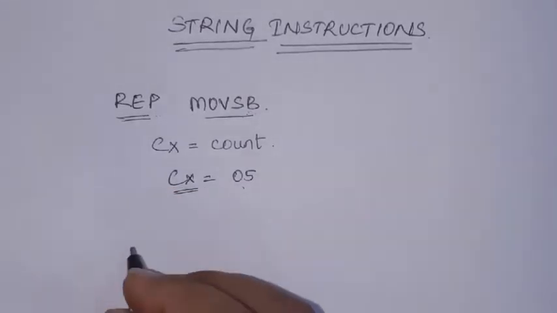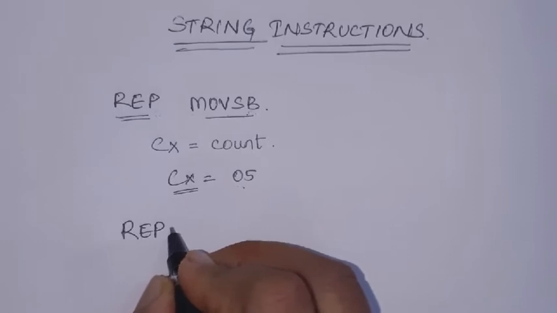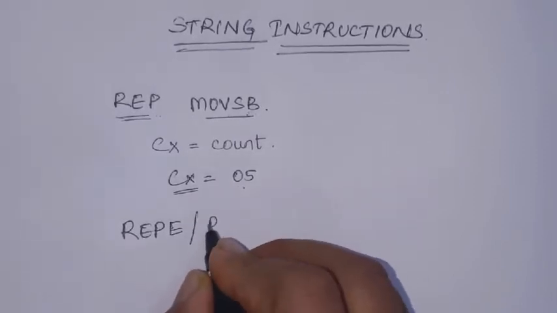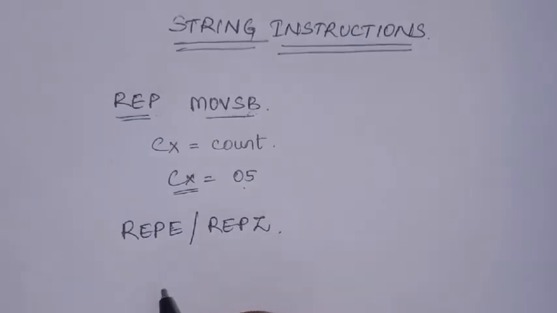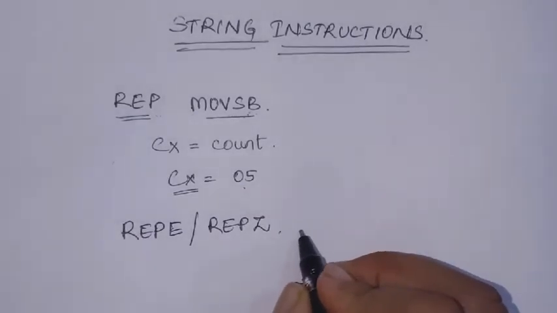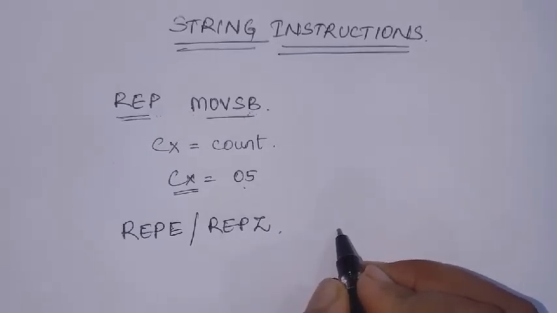Then we have another prefix, repeat if equal or repeat if zero. Usually the string instruction which follows this is the compare instruction.